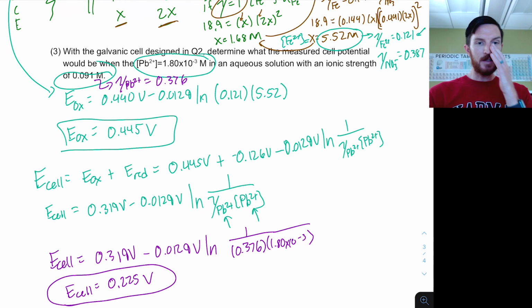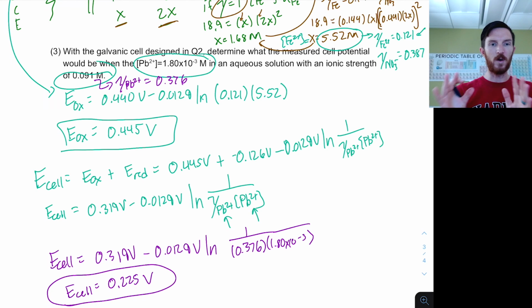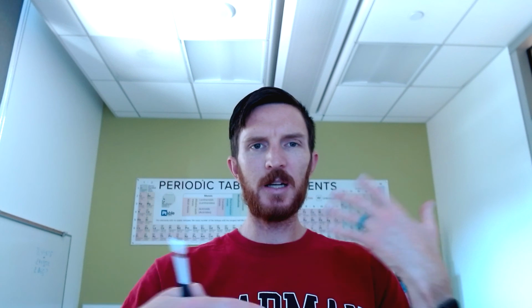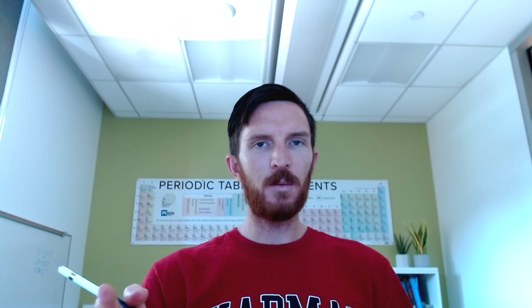Now again, if we measured the cell potential and got a value like 0.318, that would tell us something about the concentration of our lead 2 plus ions. So this gets us exposed to the connection between activity, concentration, and cell potential of our half reactions, and we're going to continue to unpack this as we go further in our coursework, thinking about how activity relates back to these specific redox reactions.